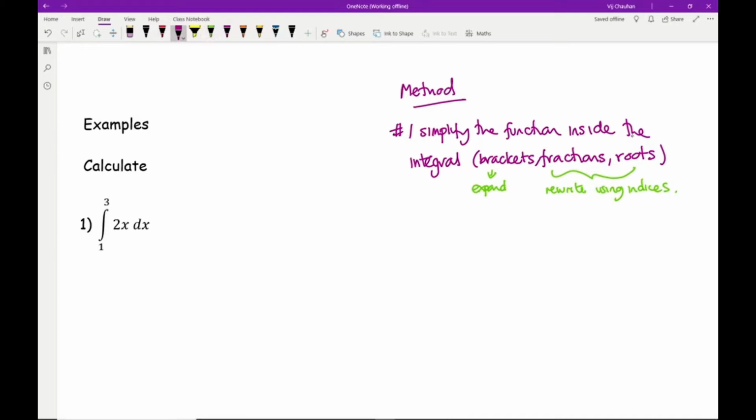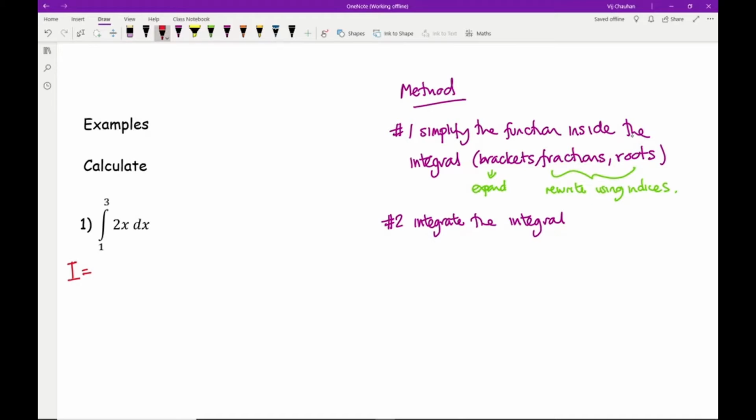So with this particular question, question 1, I don't need to worry about step 1 because it's basically in its basic form. Now the second step, what we then need to do is integrate the integral. So what I then write is I equals, because I'm working out the integral.